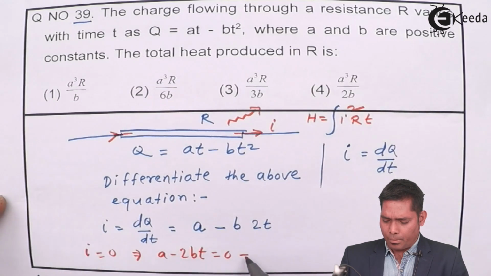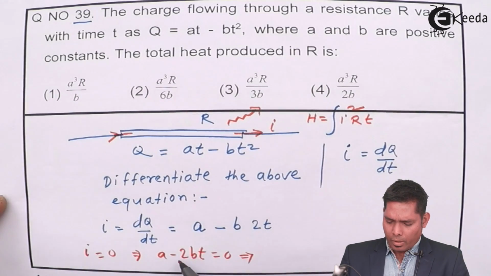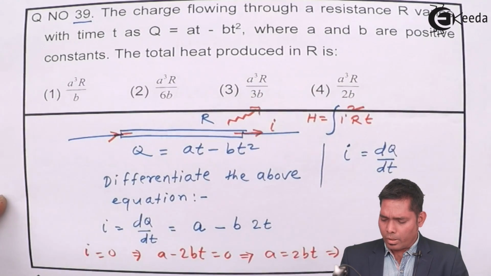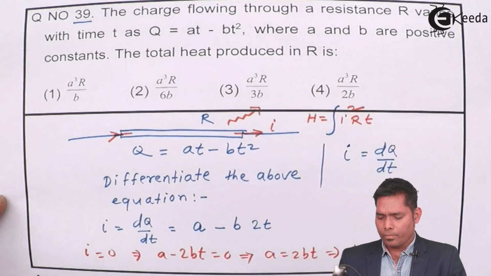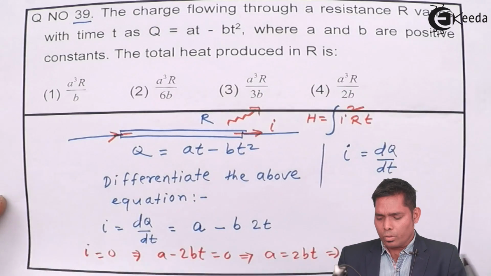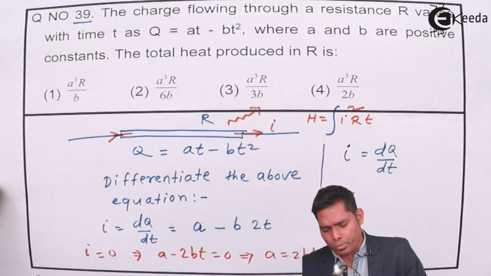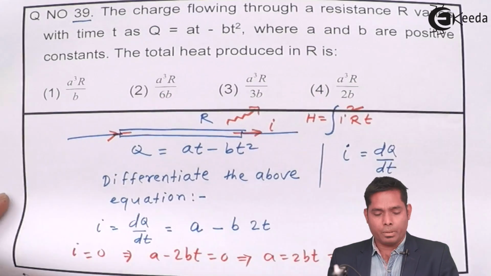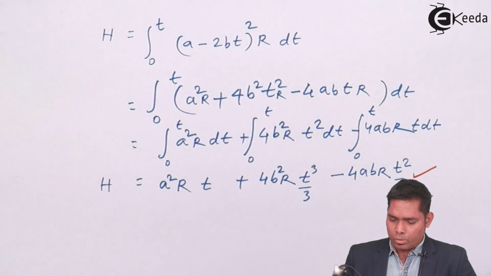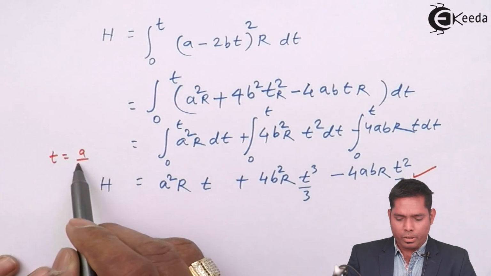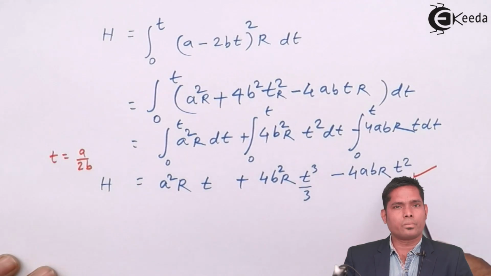So from here a equals 2bt, which implies t equals a by 2b. If I put this t equals a by 2b, then my t is eliminated and it is in the form of a and b. So I have to put this t equals a by 2b that I got into this expression.